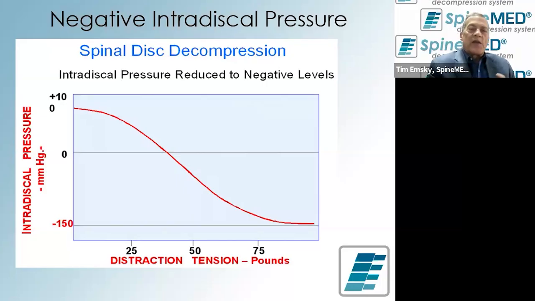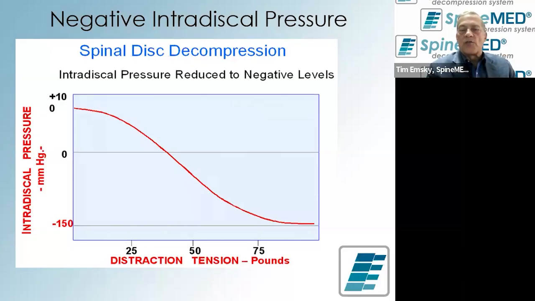And so when you look at that, by changing the pressure within the disc to a negative value, creating a vacuum, as it were, in the disc, the diffusion gradient across the end plates of the disc then is enhanced dramatically to more than 200 millimeters of mercury. And because the disc is an enclosed structure, creating a negative pressure within it will gradually draw back disc herniation, disc bulge, and so on.